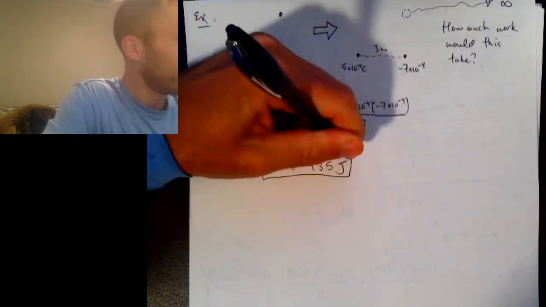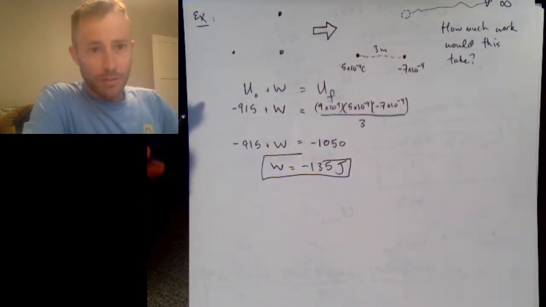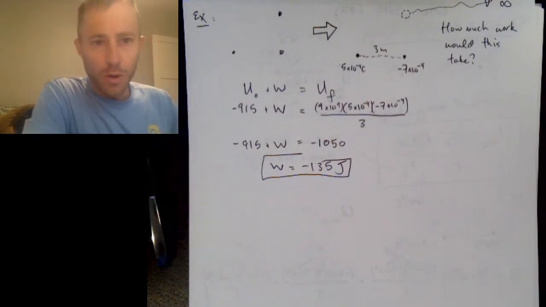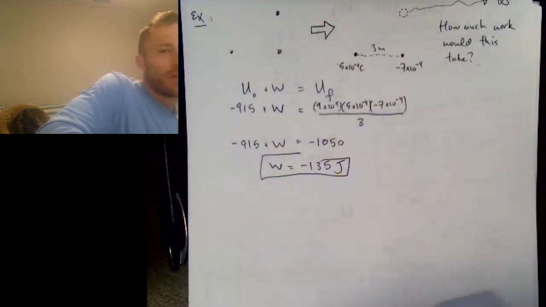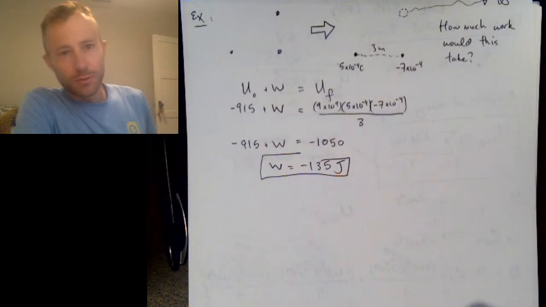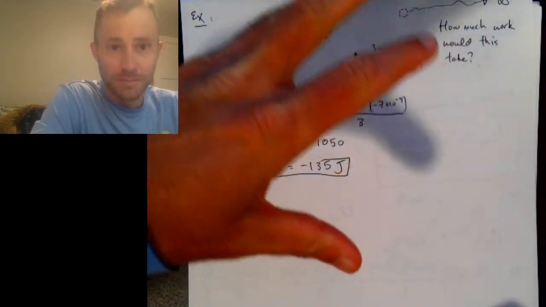So what does that mean? Remember, if you do work, you are adding energy to a system. If I said you do negative 135 joules of work, that means that you actually receive 135 joules from the system.